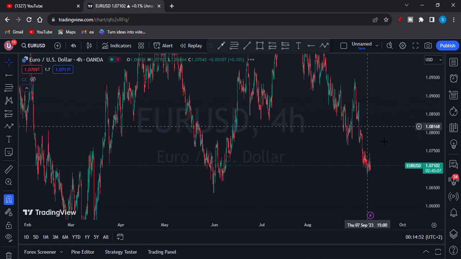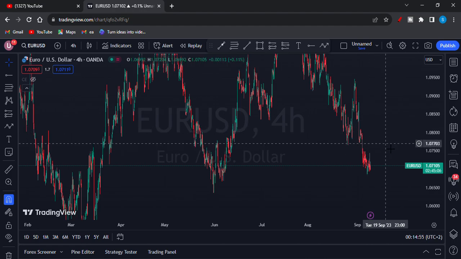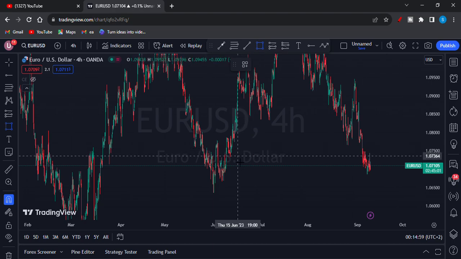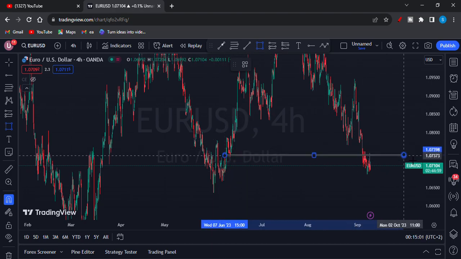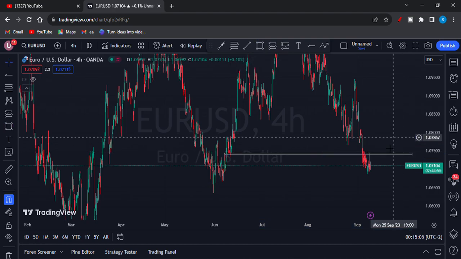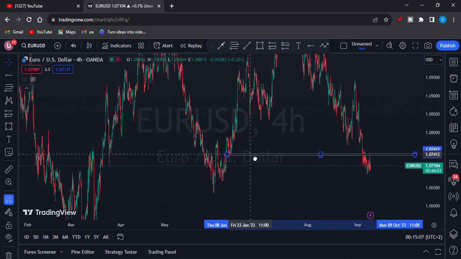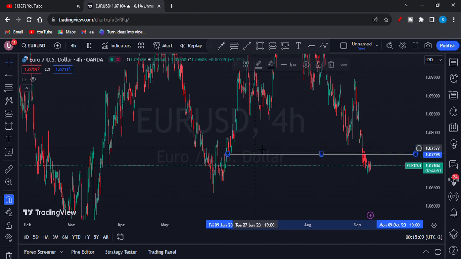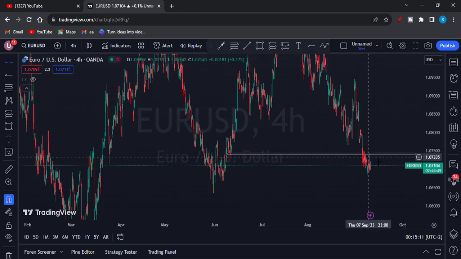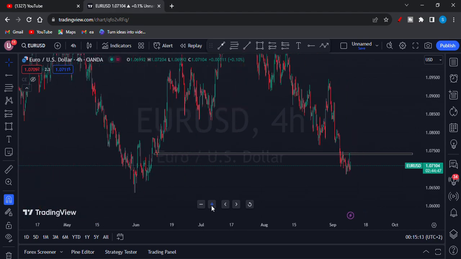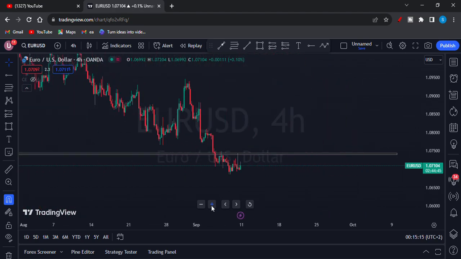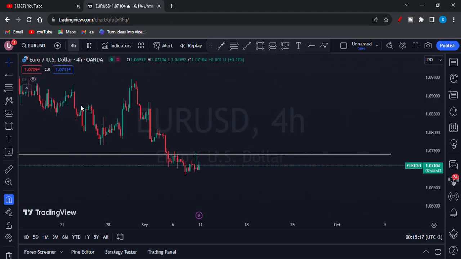On a 4-hour, we have this zone right from here up to there. And then let's go to hourly.